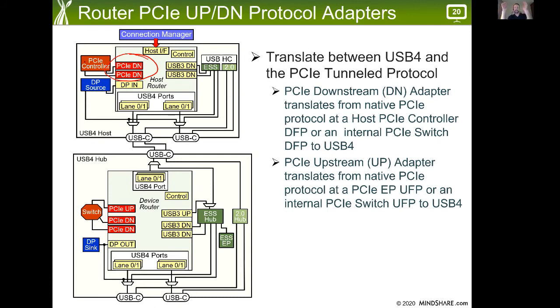That's what the PCI down adapter is going to do. And an up adapter is going to do that as well if it's traffic originating from an endpoint, being sent upstream. So that's what the protocol adapter is doing, massaging the native packets and encapsulating them into a tunneled USB4 packet. That's what's going to happen with those.